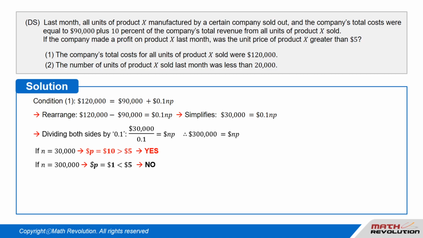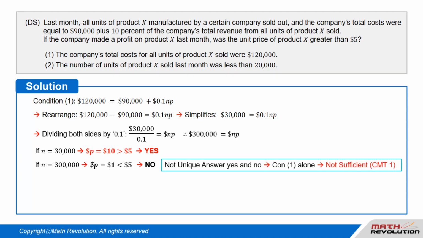That is, $300,000 equals dollar amount n times p. If n equals 30,000, then dollar amount p equals $10, which is greater than $5, and the answer is yes. But if n equals 300,000, then dollar amount p equals $1, which is less than $5, and the answer is no. So, the answer is not a unique yes or no, and the condition is not sufficient by CMT1, which states if you get both yes and no as the answer, it is not sufficient.